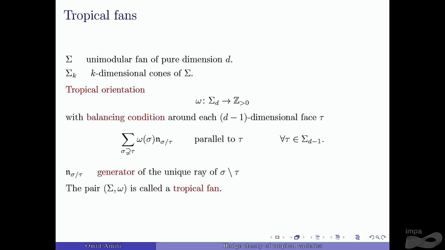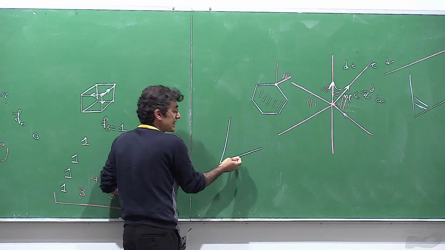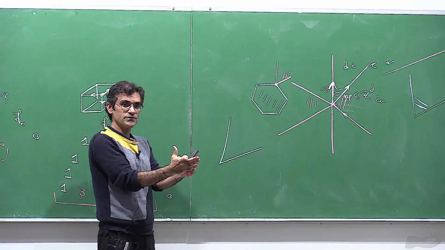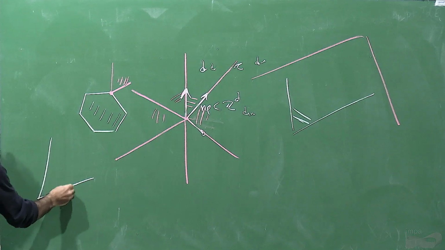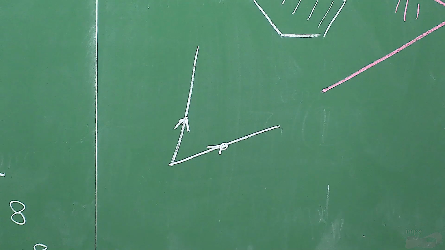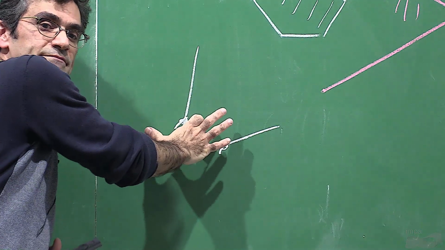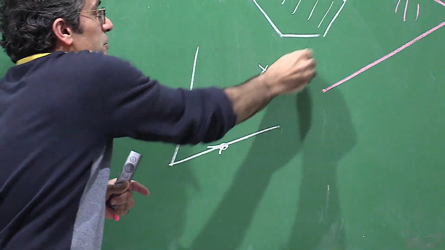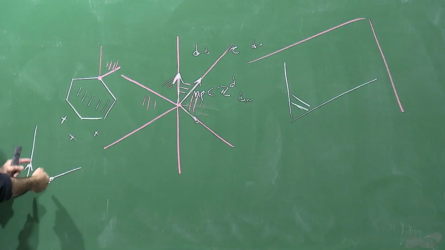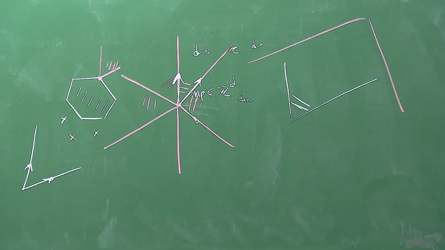It means that any d-dimensional cone has exactly d rays which define it, and the primitive vectors of those rays generate the lattice of integer points of the vector space defined by this cone. Basically, any integer vector inside this cone is an integer linear combination of the vectors which generate the cone. That is the meaning of unimodularity.